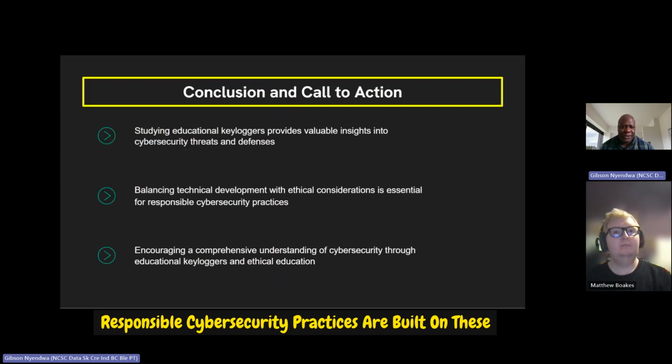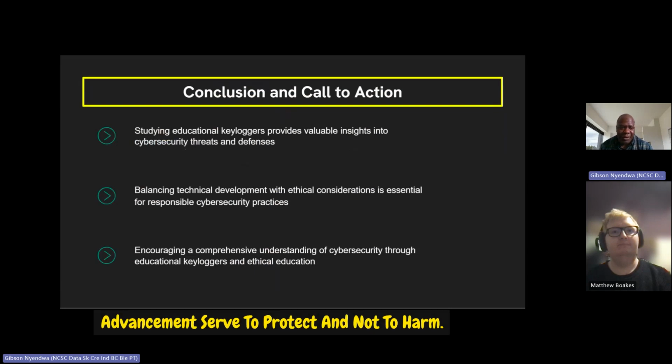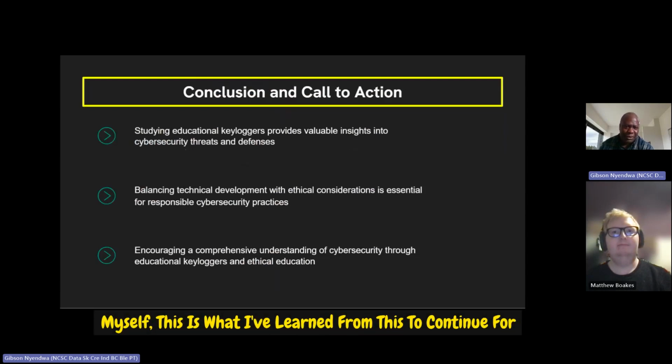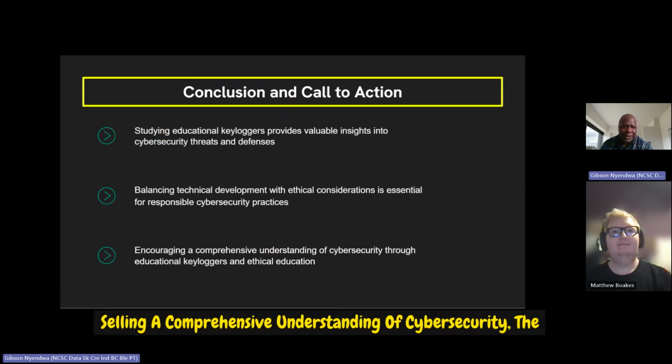Responsible cybersecurity practices are built on these foundations of balance, ensuring that our technological advancements serve to protect and not to harm. I guess this encourages all cybersecurity practitioners, and myself, this is what I've learned from this, to continue fostering a comprehensive understanding of cybersecurity.